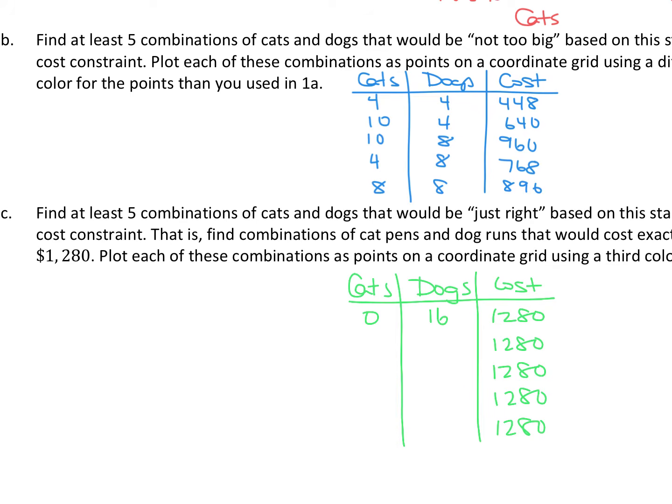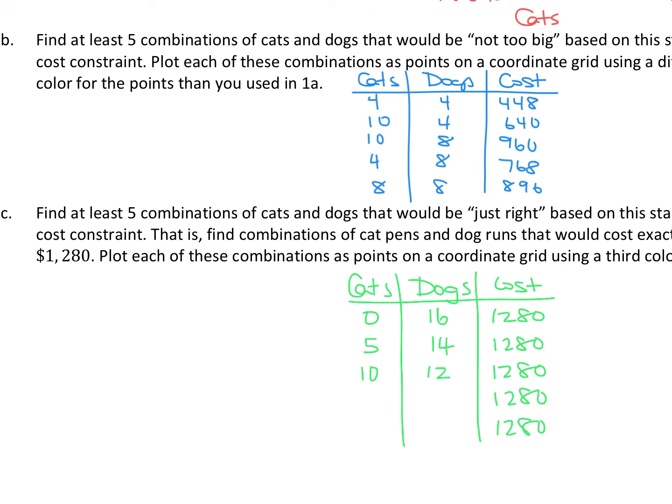And all I do is find that by doing 1280 divided by 80, the cost of the dogs. What if I do, let's say, 5 cats? Then it's going to be 14 dogs. What if I do 10 cats? It's going to be 12 dogs.